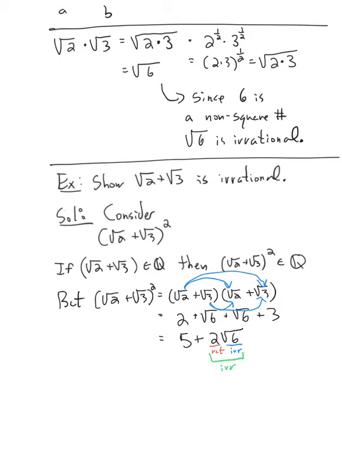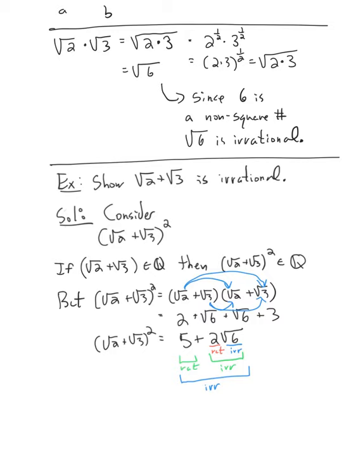I also know that 5 is rational. But I'm adding a rational and an irrational. So a rational plus an irrational, we know, is irrational. So what does that tell us? That tells us that square root 2 plus square root 3 squared is irrational.